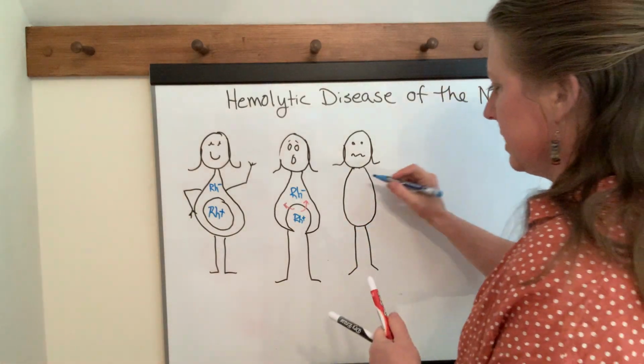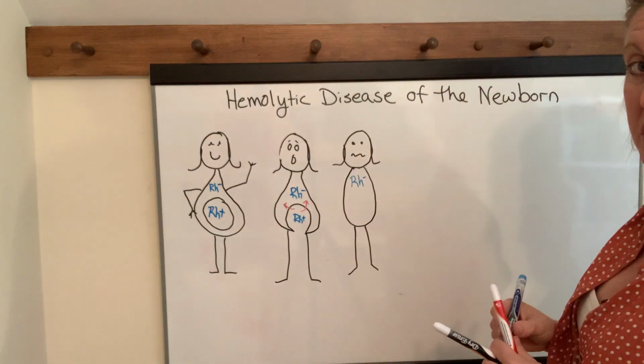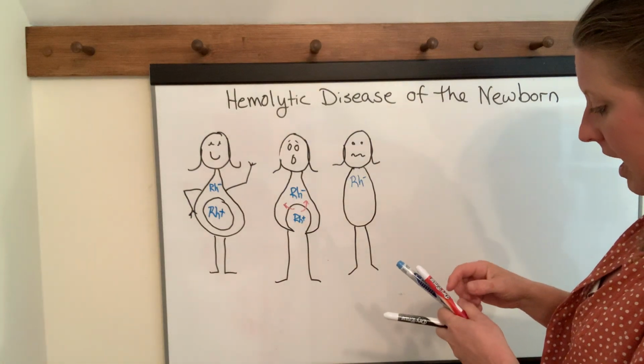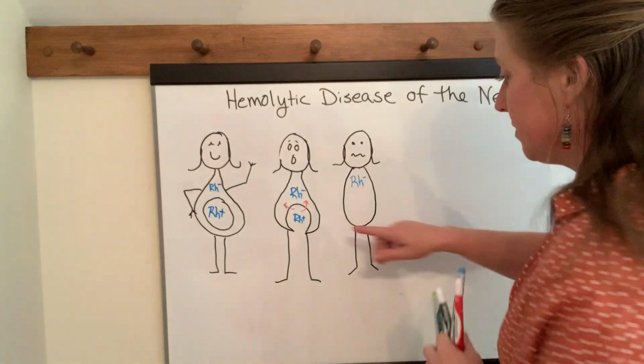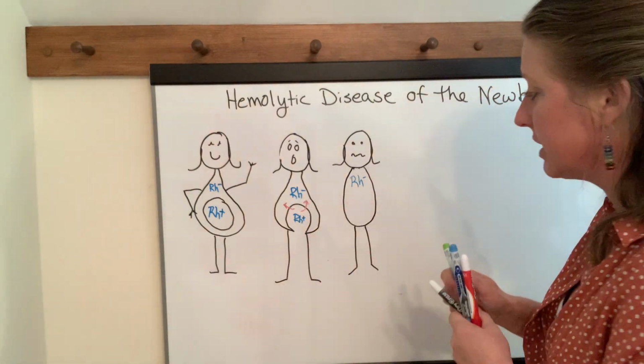All right, so mom is still Rh negative because that's what her genes determine her blood type to be. But during this process, she is making antibodies because that Rh positive blood got into her body with those D antigens.